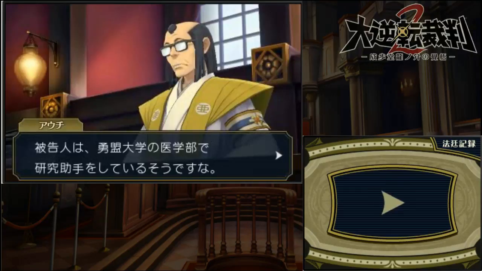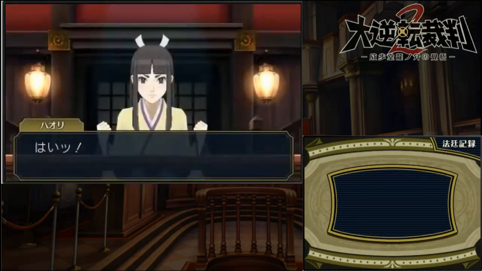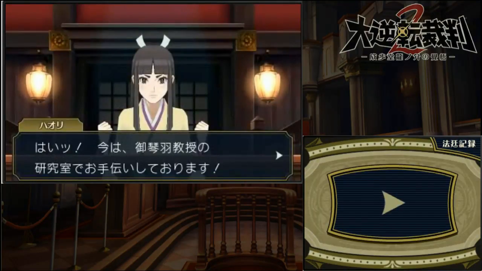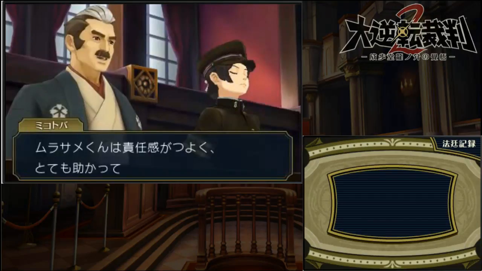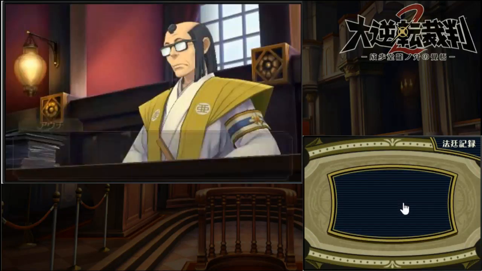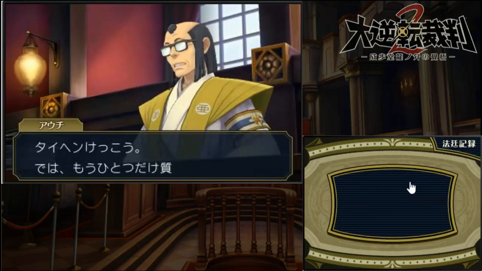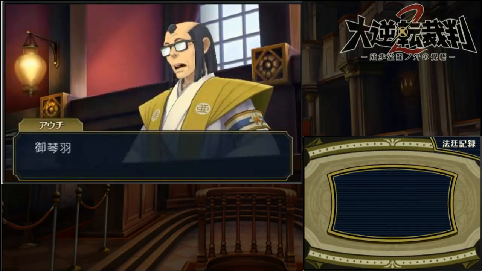Defendant, were you not a research assistant in the Yumei University's medical department? Yes, I am currently assisting Professor Mikatoba in his lab. Murasame-kun has a strong sense of responsibility and has been of great help. Sounds wonderful. With that, I have one more question.